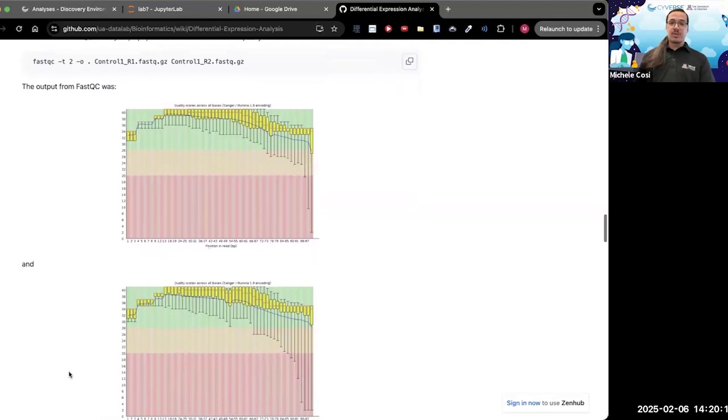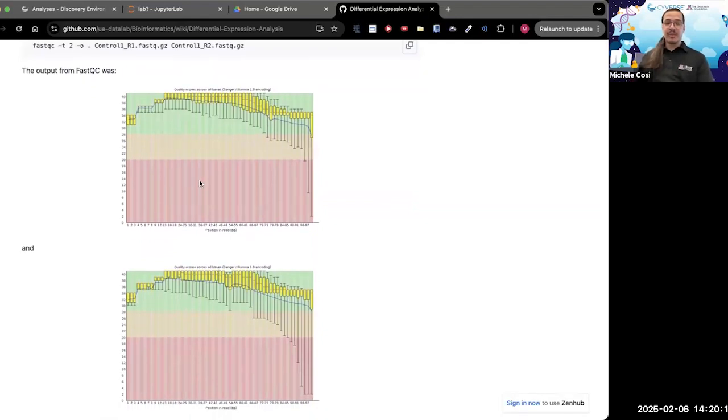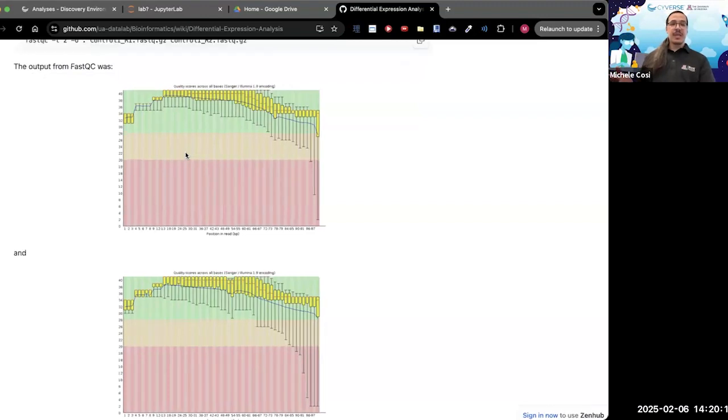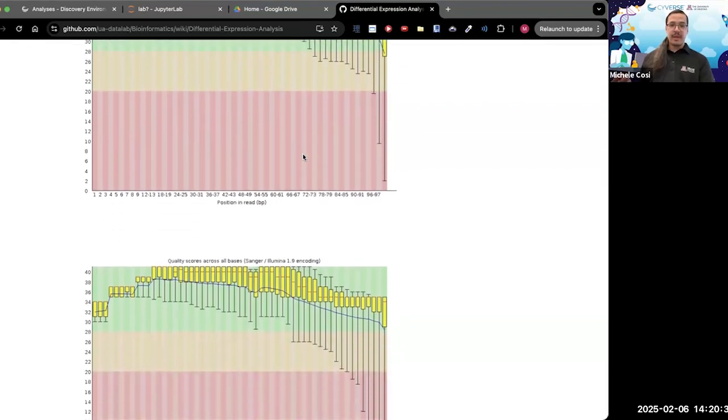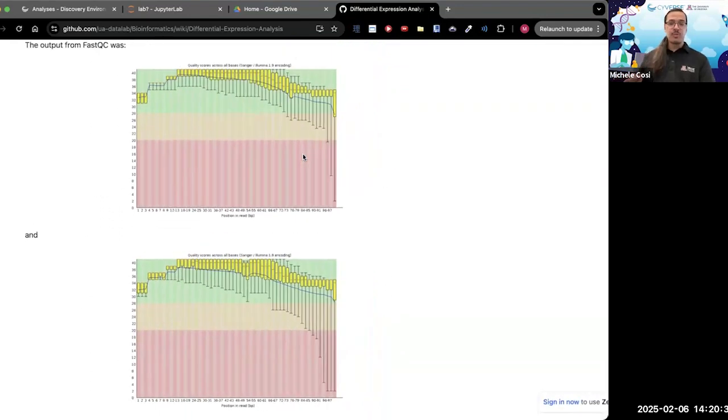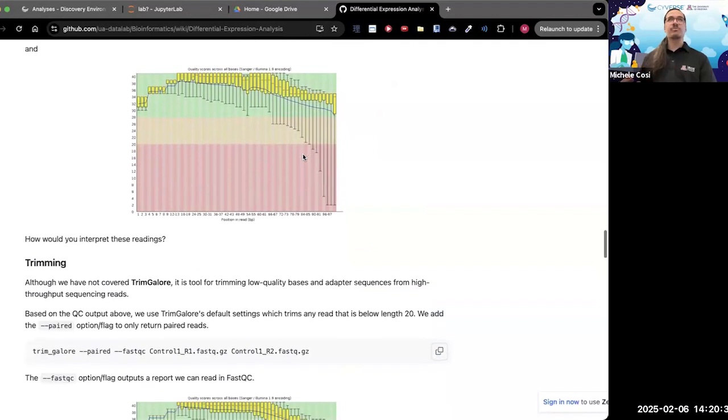What we were doing last week is observing and talking about what FastQC does and how to read FastQC data. In this specific case, you can see that most of the reads are in the green, but we do want to trim some of the longer tails over here. For that, we use Trim Galore.